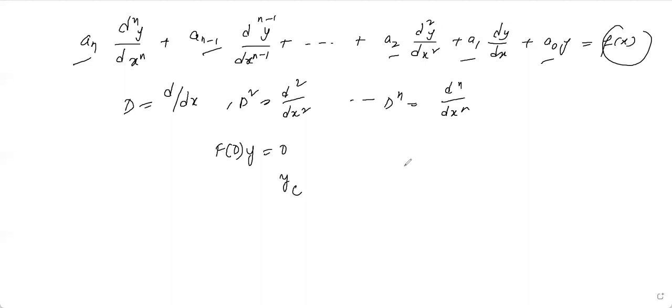And suppose we have f of D of y is equal to f of x. Now this has the complementary function as well as the particular integral, that is yp. Let us solve a few problems based on this.